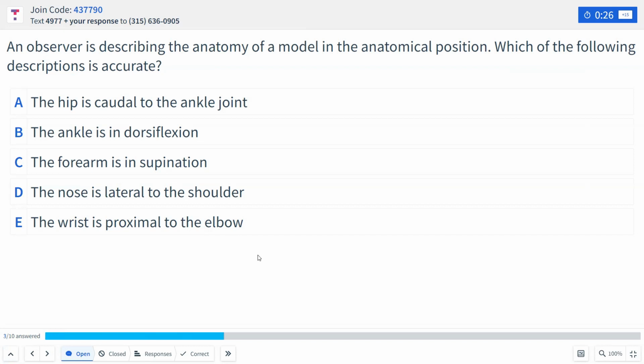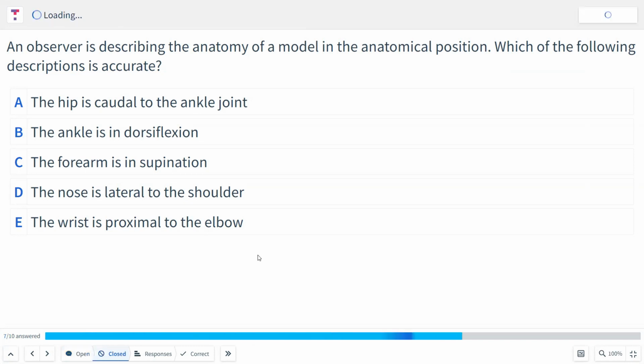Okay, so I'm hearing C, the forearm is in supination. Okay, that is correct, right? And we can easily eliminate some of the distractors.